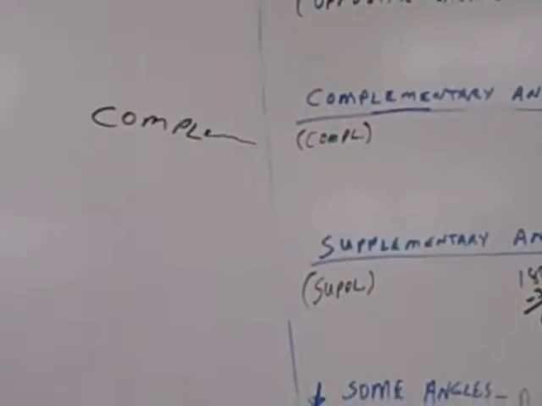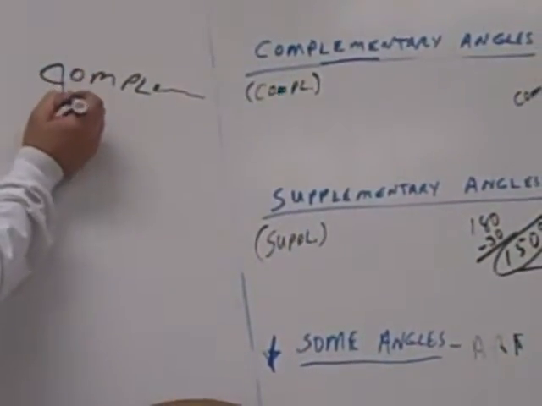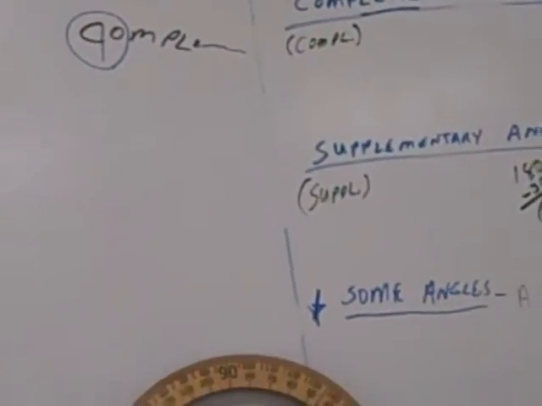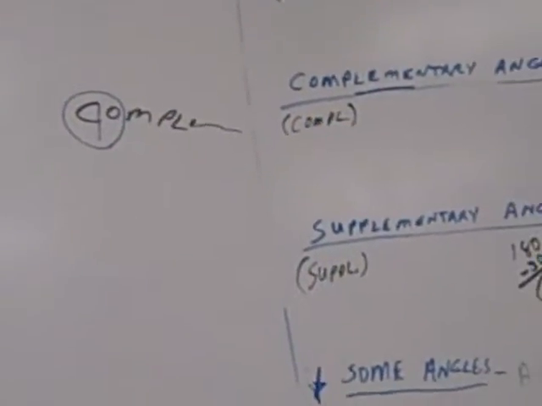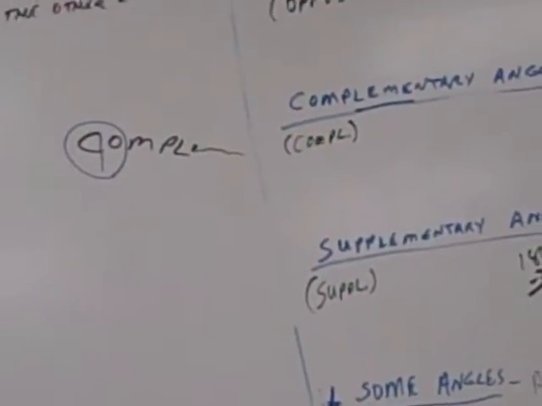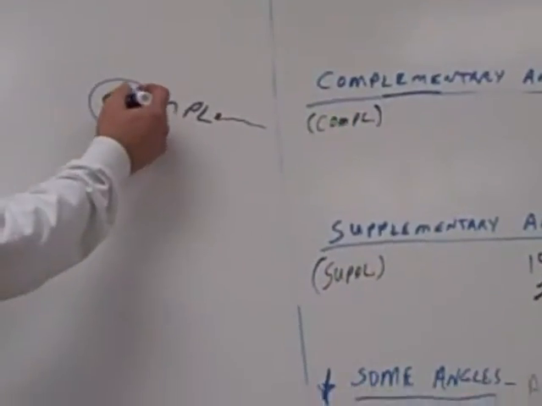Complementary. Close in the C and it makes a 9 with the O. Complementary has to be 90. Doesn't it? And you have a 90. Then you can just remember complementary is 90.